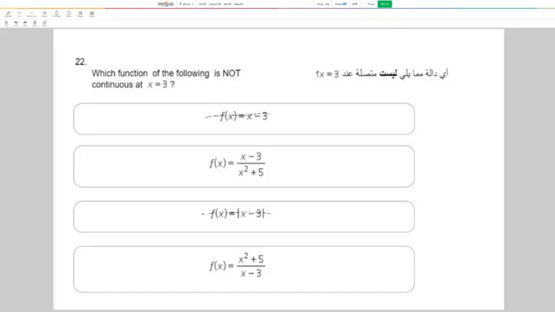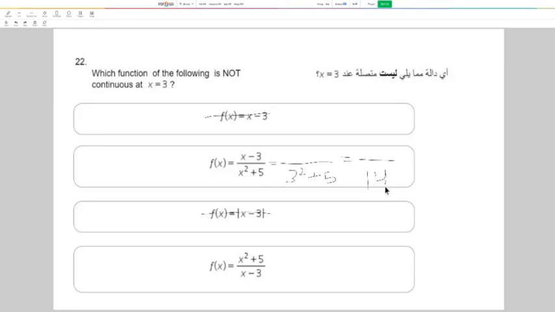The other thing that makes a function not continuous is that the denominator equals 0. So here we can see that x equals 3, so we can replace it here. So 3 squared plus 5. And here the denominator is going to equal 14.